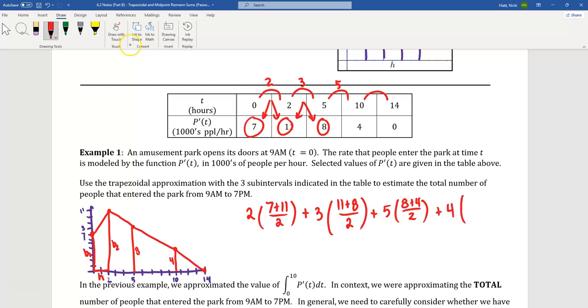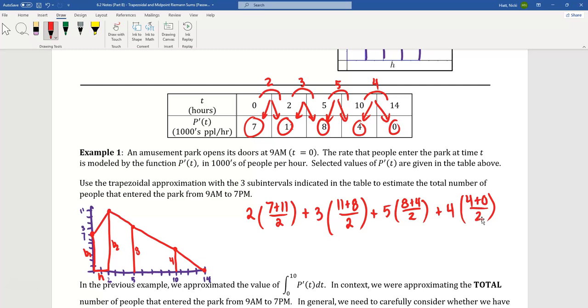And then we're going to do the two bases, 4 plus 0 divided by 2. It ends up being a triangle formula because you're doing the base times the height divided by 2 for that. So it works out even though it's not actually a trapezoid, right? So you don't have to change your process for that.